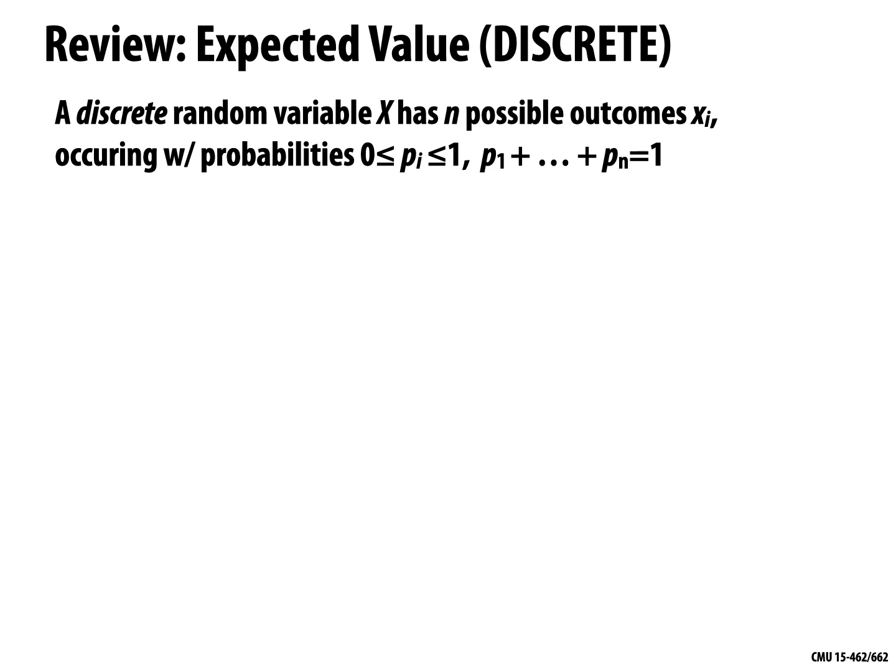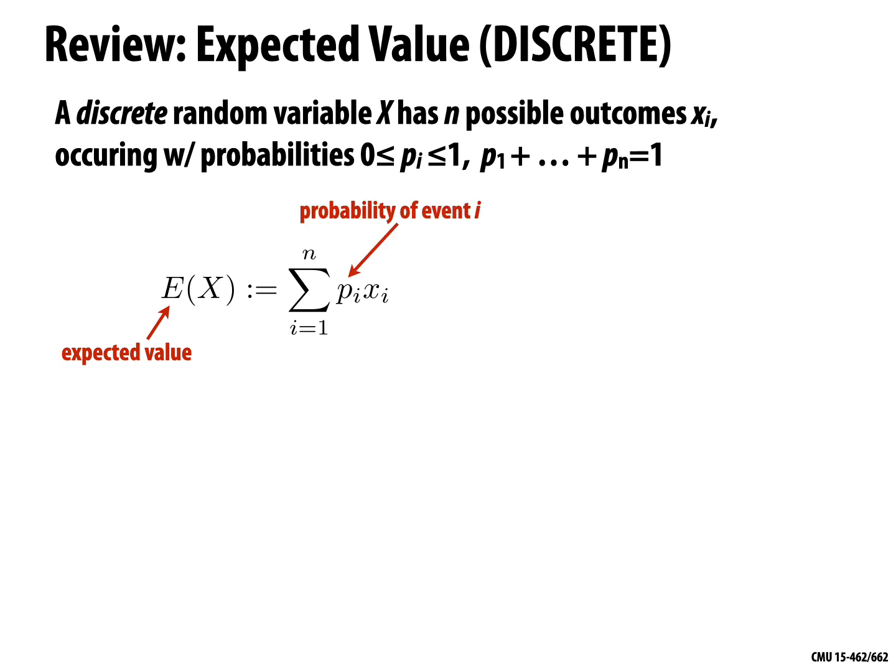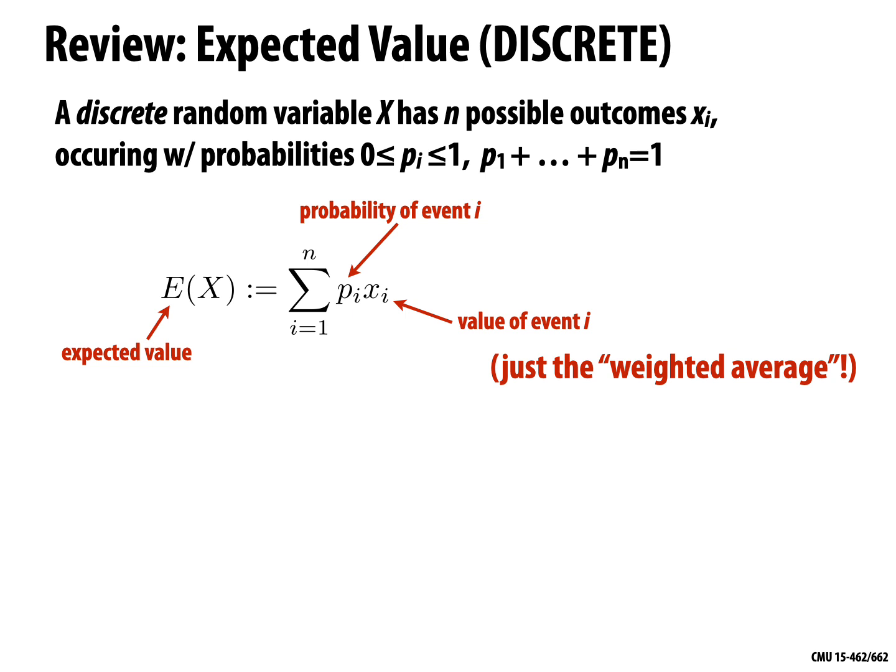If we have a discrete random variable, meaning a random variable that has n distinct outcomes, x1 through xn, and those events occur with probabilities p1 through pn, all of which are non-negative and all of which together sum to 1, then the expected value, E of x, is the sum over all the events of the probability of that event occurring times the value of that event. Essentially just the weighted average of all the events by their probabilities.